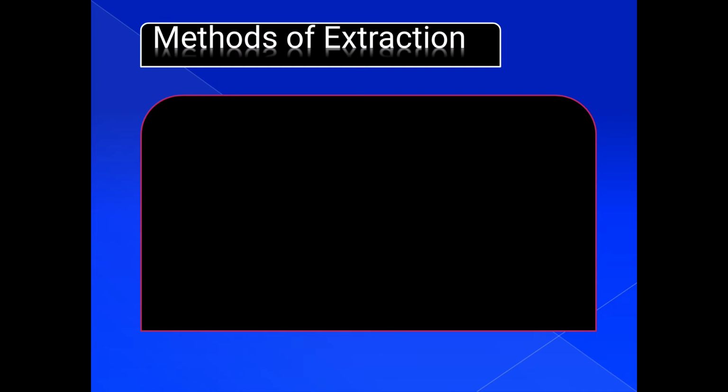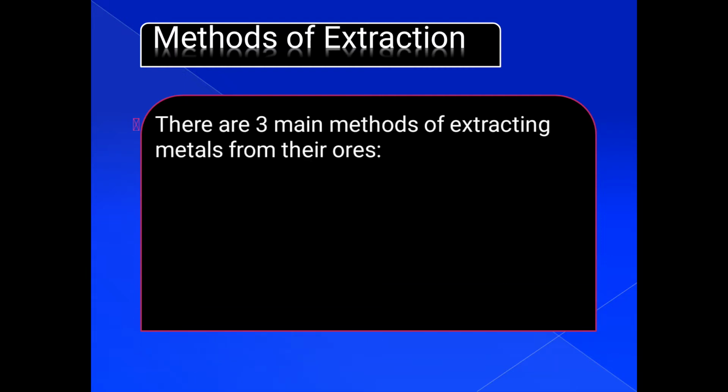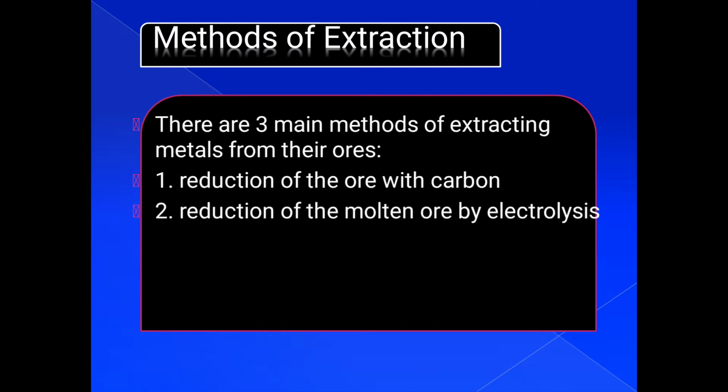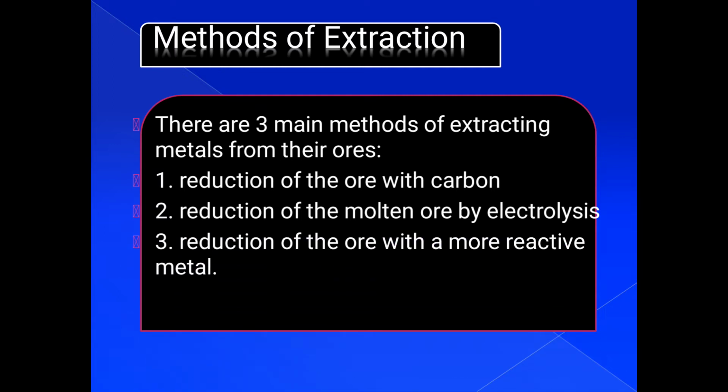We look at the methods of extraction, and basically we have three main methods of extracting metals from their ores. The first method is reduction of the ore with carbon. The second is reduction of the molten ore by electrolysis, and the third is reduction of the ore with a more reactive metal.